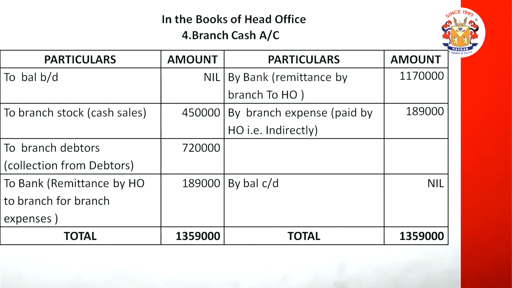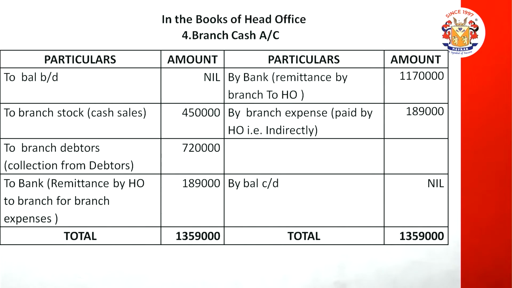Due to cash sales, branch cash will increase, but branch stock will decrease with 4,50,000. Due to collection from debtors, branch cash will increase, but branch debtors will reduce with 7,20,000.